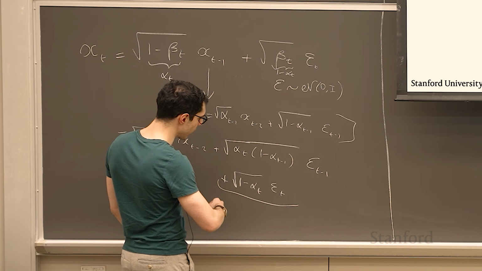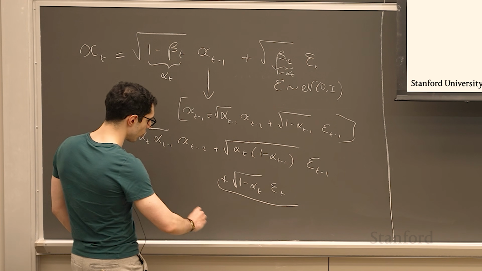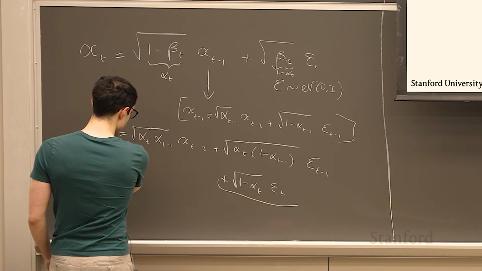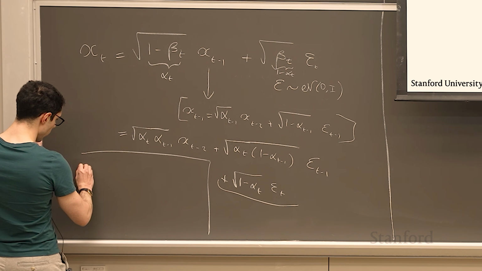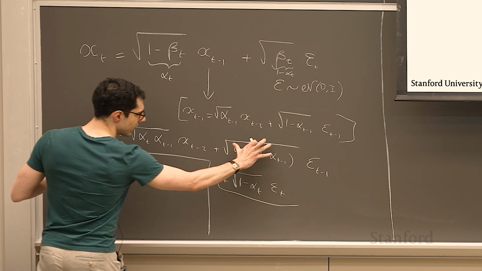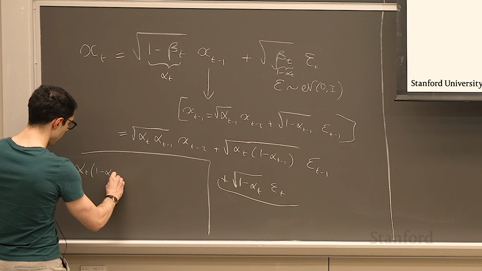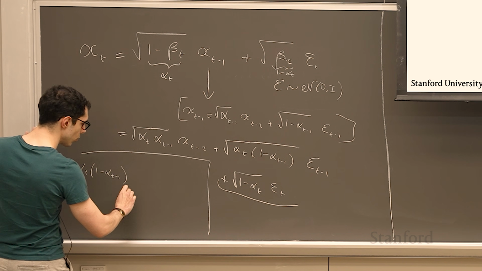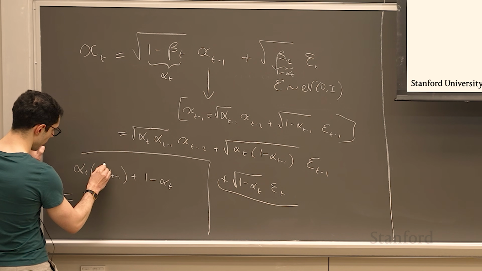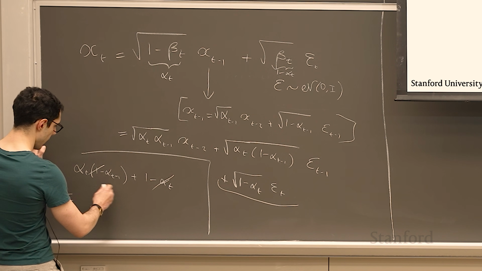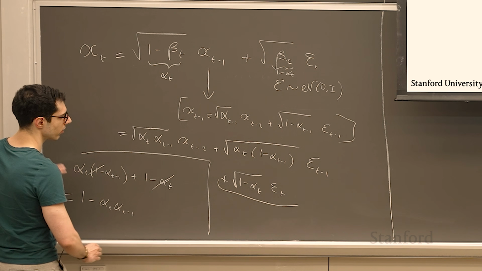So how do you add this variance? The variance of everything is equal to the variance of one plus the variance of the other. So here the variance will be equal to alpha t, it's basically this squared plus this squared: alpha t times 1 minus alpha t minus 1, plus 1 minus alpha t, which is equal to, this one goes away, and then you have 1 minus alpha t minus 1.